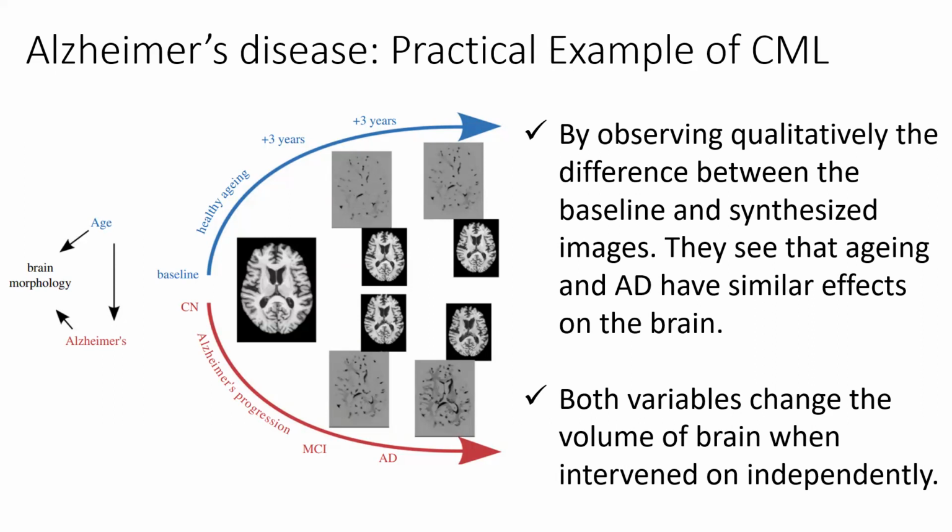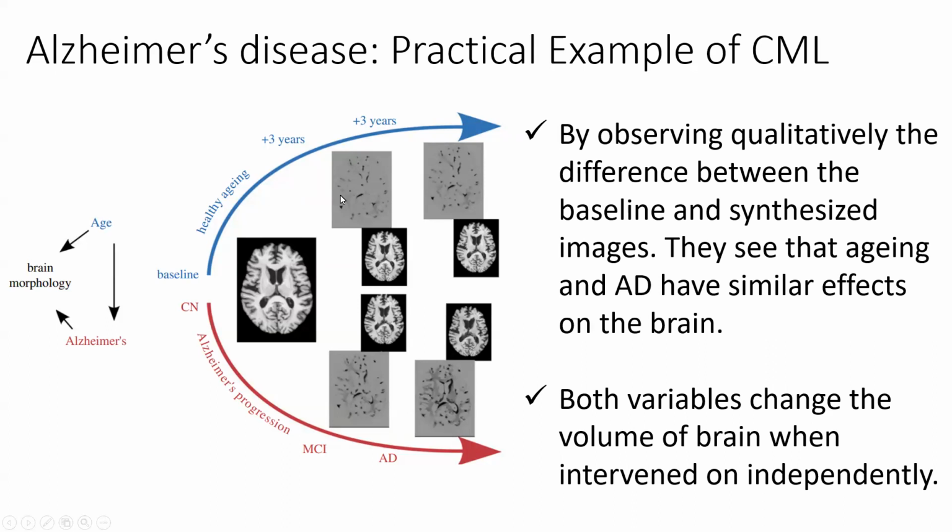who is classified as cognitively normal within the ADNI database. They synthesize images of a patient at different ages while fixing Alzheimer disease status. In particular, they control for one variable while intervening on the other. That is, they synthesize an image of a patient who is cognitively normal at the age of 64 years, then fix the Alzheimer disease status at control and increase the age by 3 years for 3 steps, resulting in images of the same control patient at the ages of 64, 67, 70, and 73.